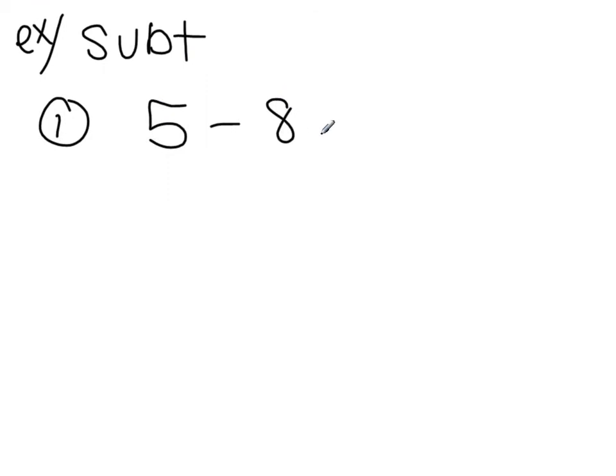Maybe you can figure out what 5 minus 8 is right off the bat. But if you ever are doubting yourself, you can always change it into addition. So you keep, you change, and you change. Instead of subtracting, you can add the opposite. So now we're adding two things with different signs. And what we learned in 9.3 is we take the absolute value of each one.